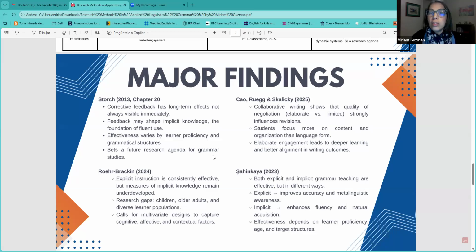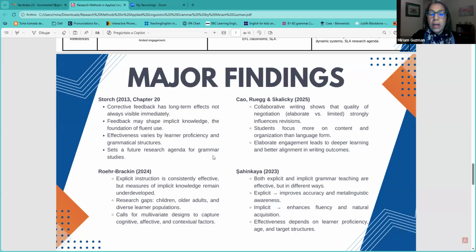Number two is Rose and Slack 2025. Collaborative writing shows the quality of negotiation, elaborate versus limited, strongly influences revisions. Students focus more on content and organization than language form. So elaborate engagement leads to deeper learning and better writing outcomes. Sakin Kaya 2023 concluded that explicit and implicit teaching are not mutually exclusive.